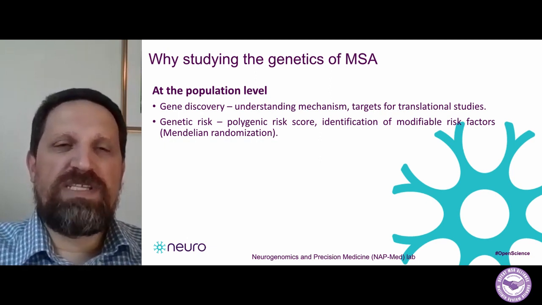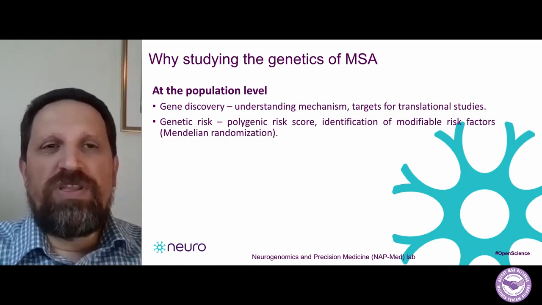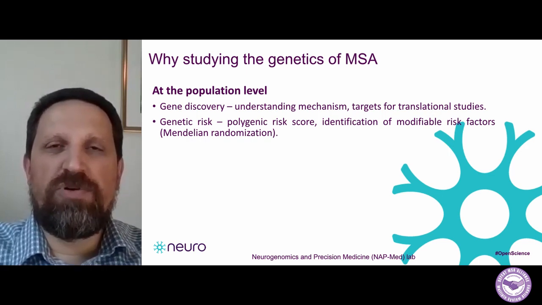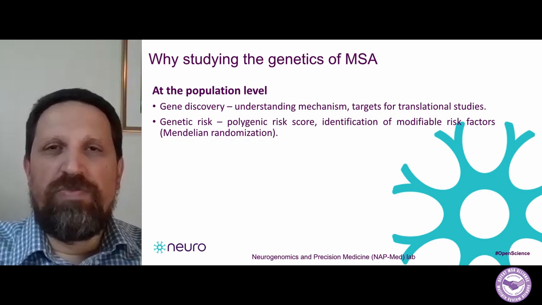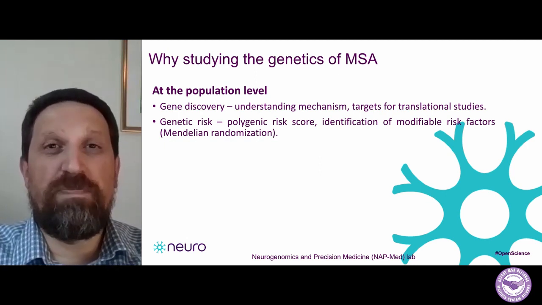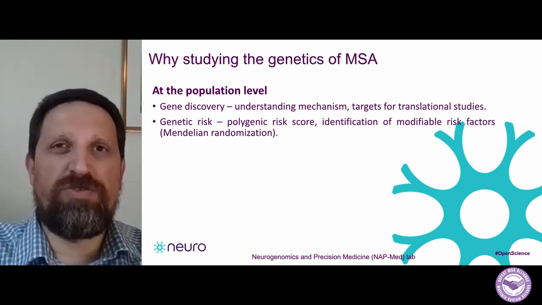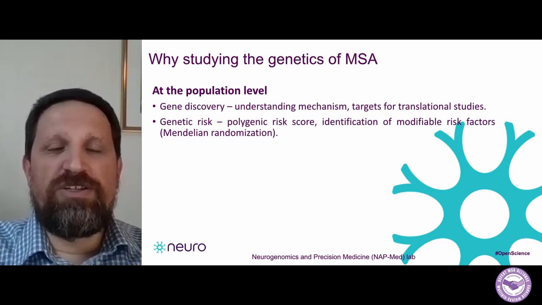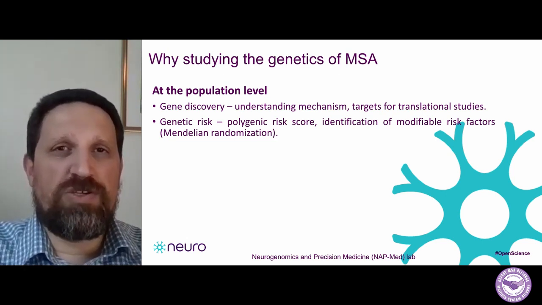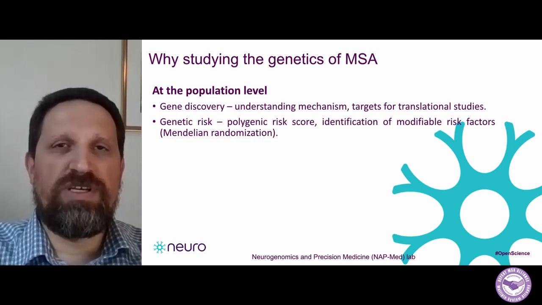But in a very basic sense, what it means is that we can use genetic data to identify factors that are not necessarily genetic, for example, vitamin D level or B12 level or other factors that are not genetic but could be dependent on genetics. So we have this method called Mendelian randomization that helps us understand how these risk factors may be associated with risk for a certain disease. In this case, we're interested in MSA.